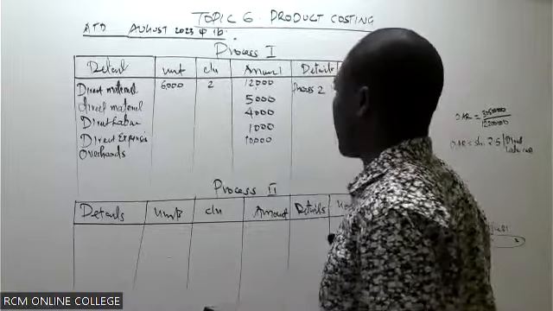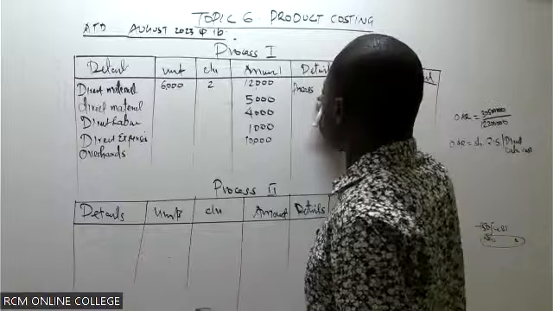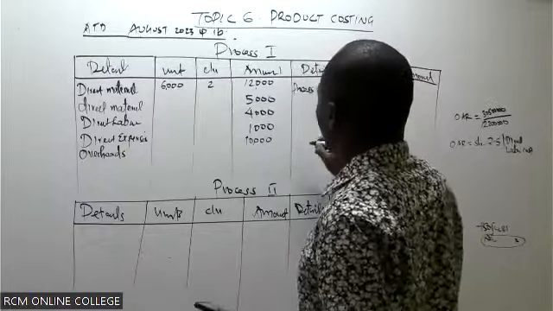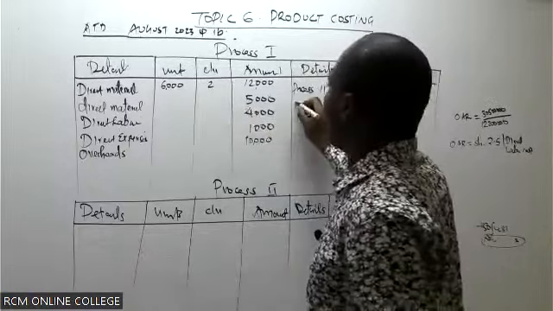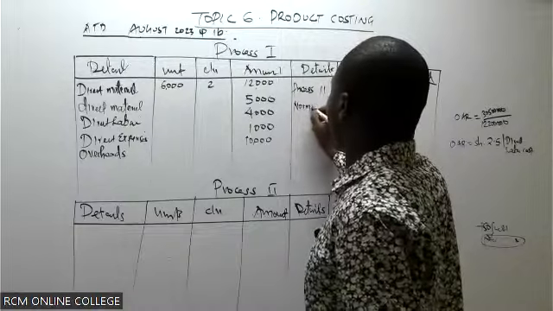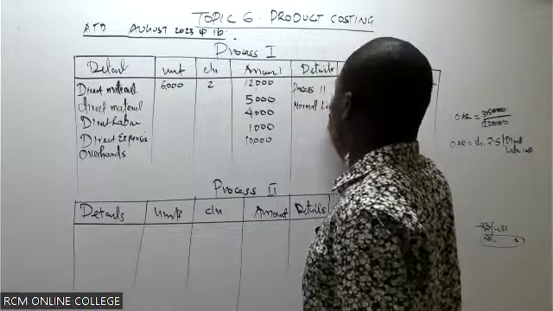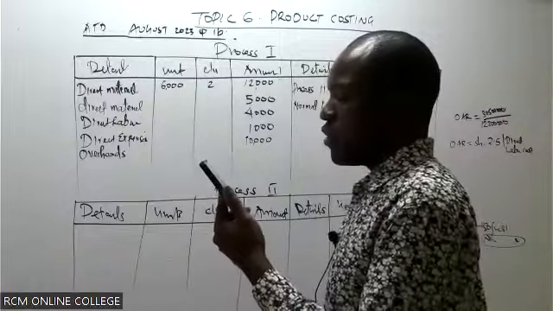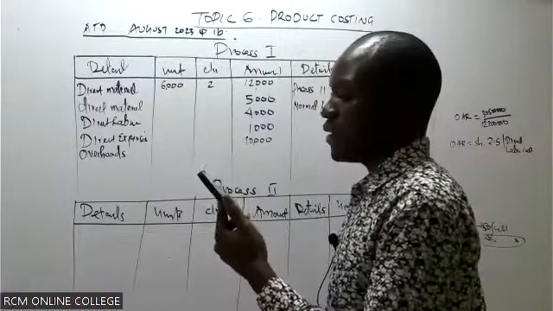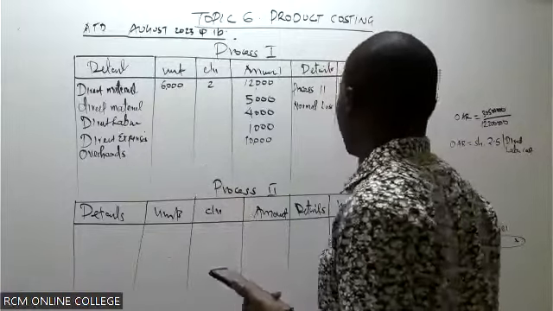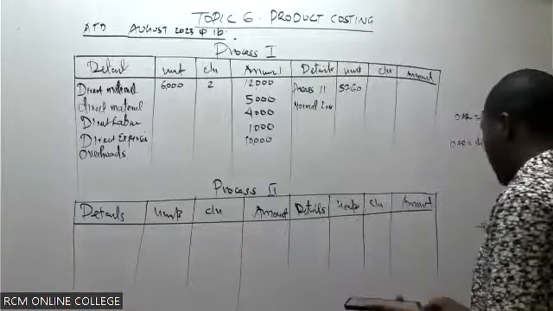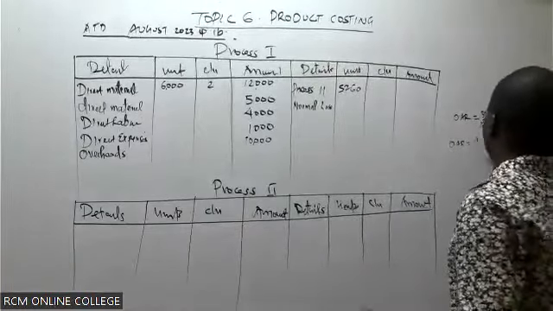I need to calculate that. Whatever is going to process 2, remember we were told that the normal loss, tuliambiwa ni ngapi? For process 1, the normal loss is 5%. 5% of the input.